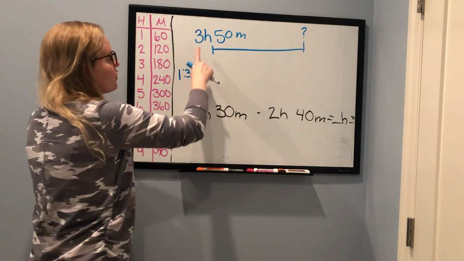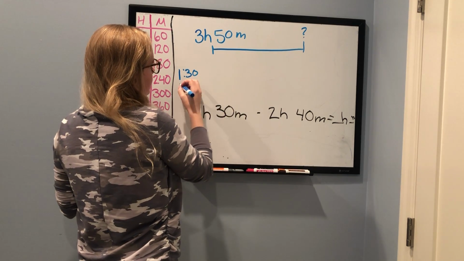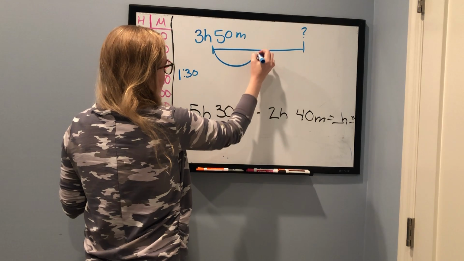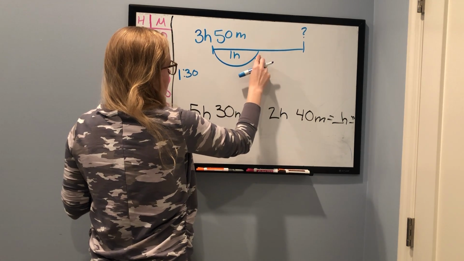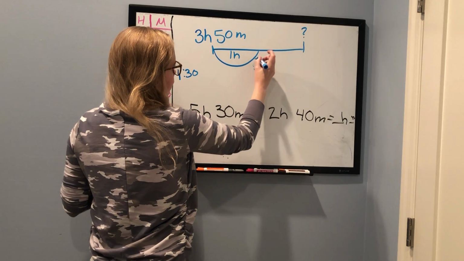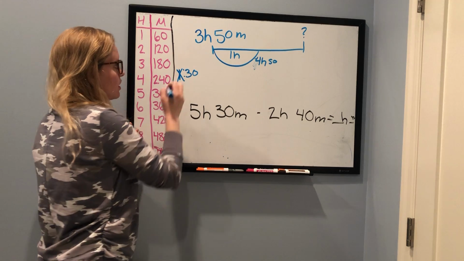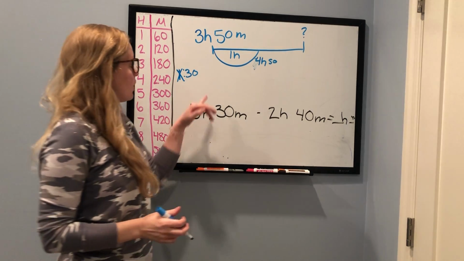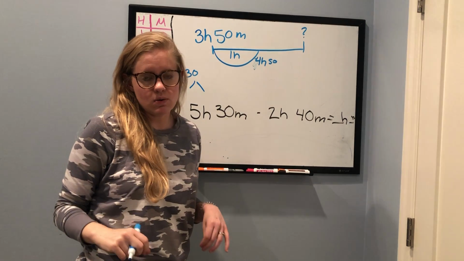So first we need to go from 3 hours. I'm going to add, underneath, 1 hour, and now we're at 4 hours, 50 minutes, and we're done with the 1 hour. Now, let's break this 30 up so we can get this 50 to the next hour.